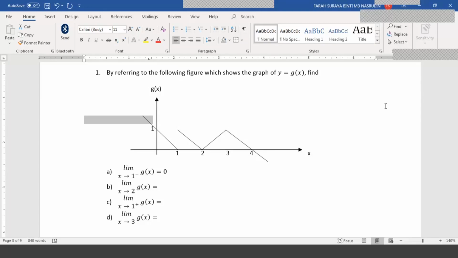Tak dengar Haris. Punya mic tak on pun. Okay, baru on. Baru nampak on. Okay, Haris. Hello? Okay. Dengar. Cuma cakap kuat sikit je.